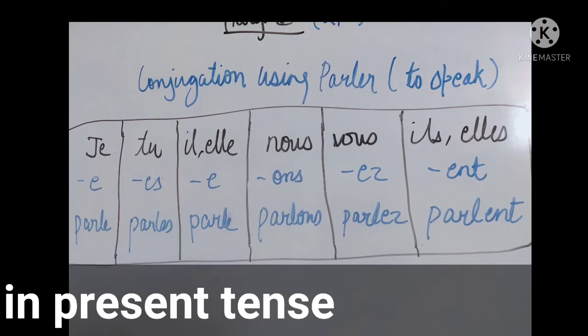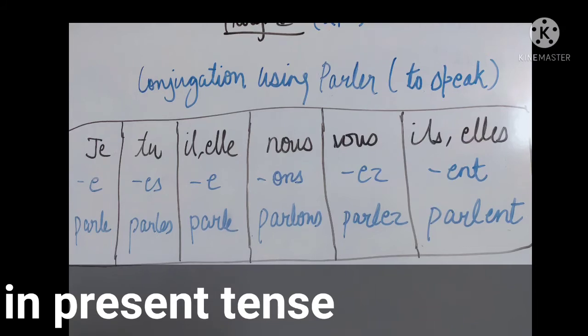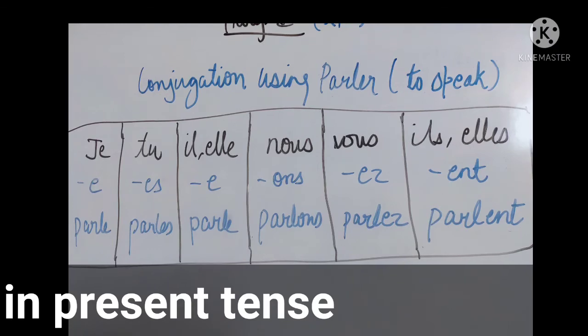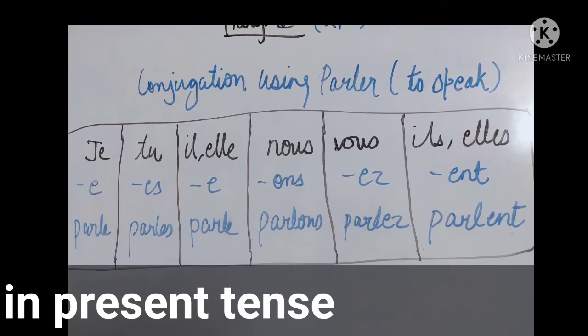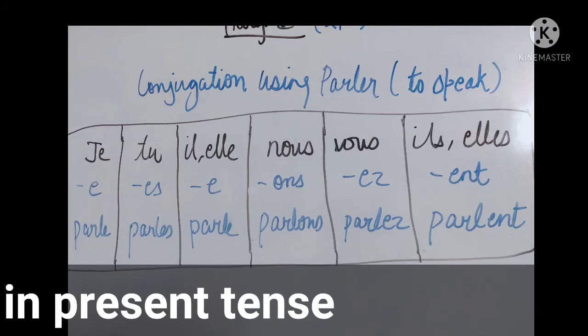Okay. Now let's do the pronunciation of nous and vous. So we have added ons to parl, parlons. For vous, parlez. Okay, I'll just do a quick recap of it. Parle, parles, parle, parlons, parlez, parlent.